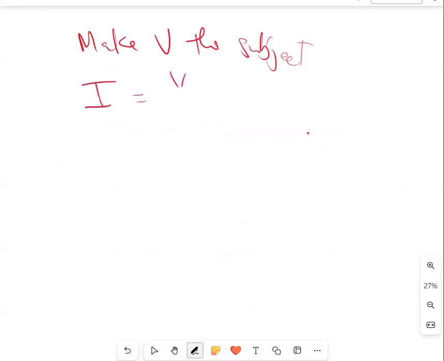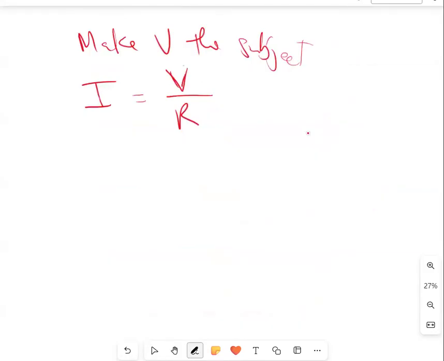Let's try another one. Make V the subject. There's a formula in physics: current is equal to voltage over resistance.